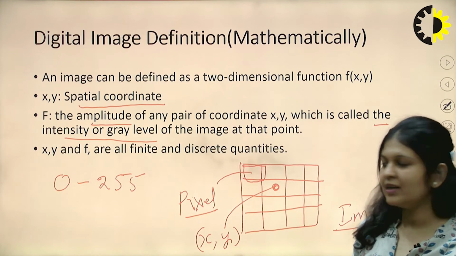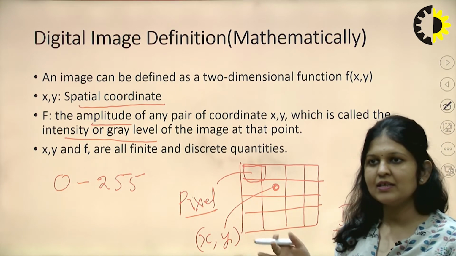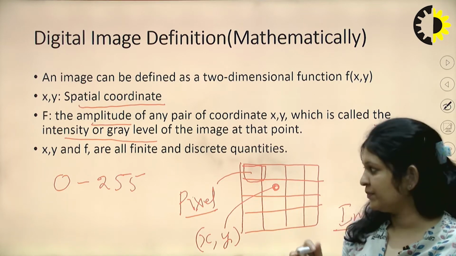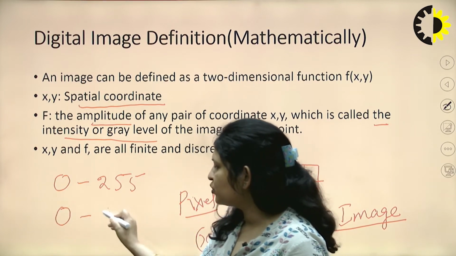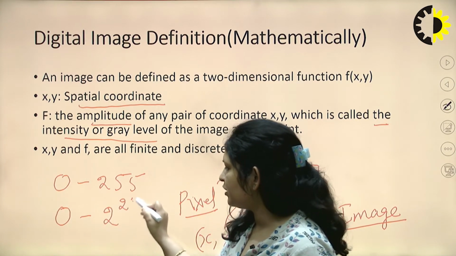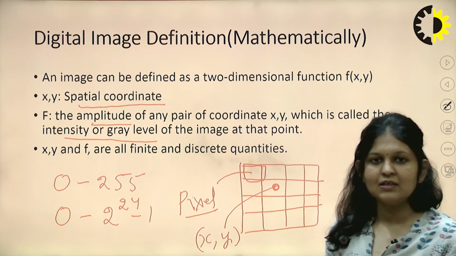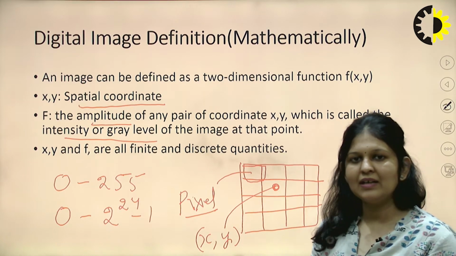That is, the pixels can take any of these values. Grayscale is basically the color between the black and white shades. And when we talk about color images, we have values from 0 to 2 to the power 24 minus 1. These values represent other colors, for say black, blue, green, red, and so on.